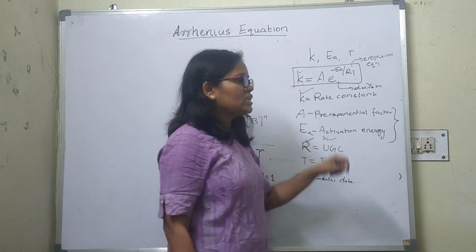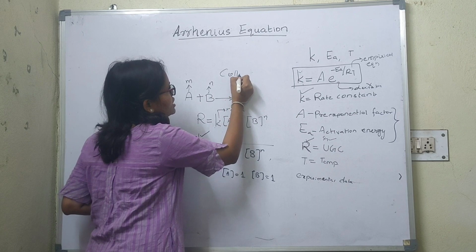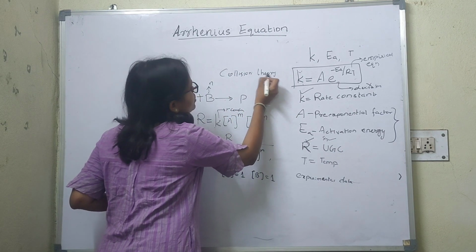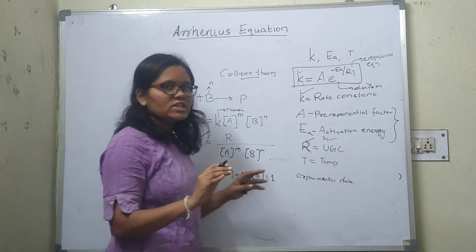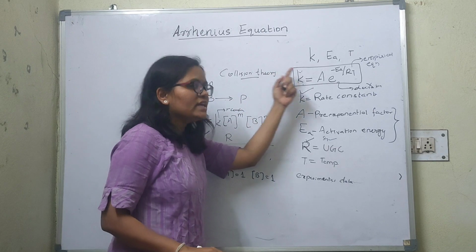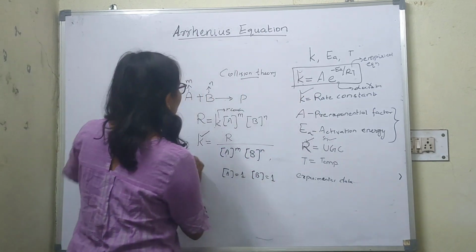It can best be justified or explained on the basis of collision theory. In this video, we will superficially see what collision theory is so that we understand how this theory explains this equation. So now we'll learn what collision theory is.